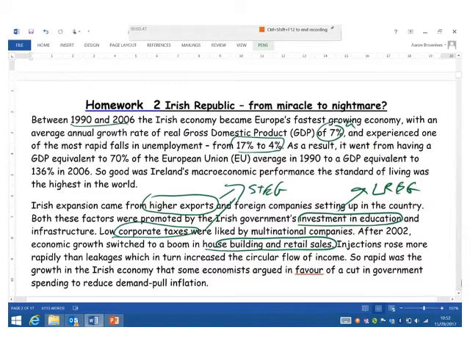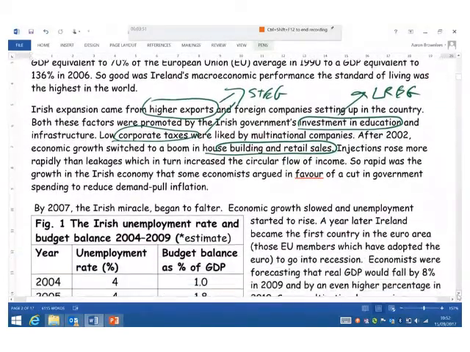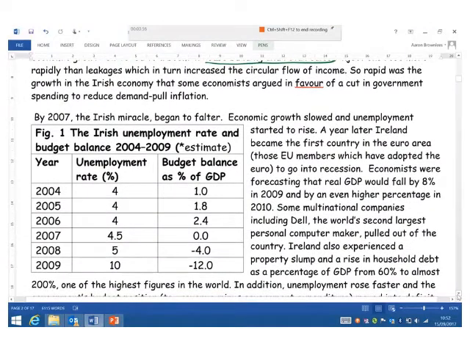Then you've got the next section, which starts looking at why the economy started to slow down and unemployment started to rise, and you've got an example on this table here for the second question of the budget balance and unemployment. So you've got an increase in unemployment throughout, and then you've got it going from a positive budget balance into a negative budget balance.